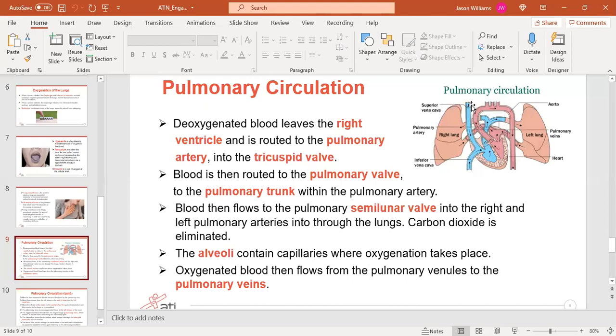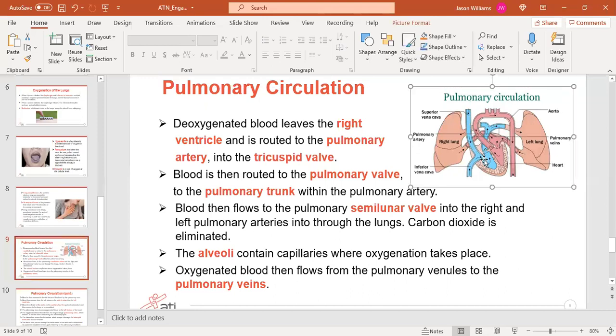So again, the blood travels through the superior vena cava, passes the right atrium, then passes the tricuspid valve. Once it passes the tricuspid valve, it goes to the right ventricle, then it enters the pulmonary artery, and this is still deoxygenated blood. Once it passes the pulmonary artery, the blood is in the lungs where it is being oxygenated, and oxygenation occurs along the alveoli.